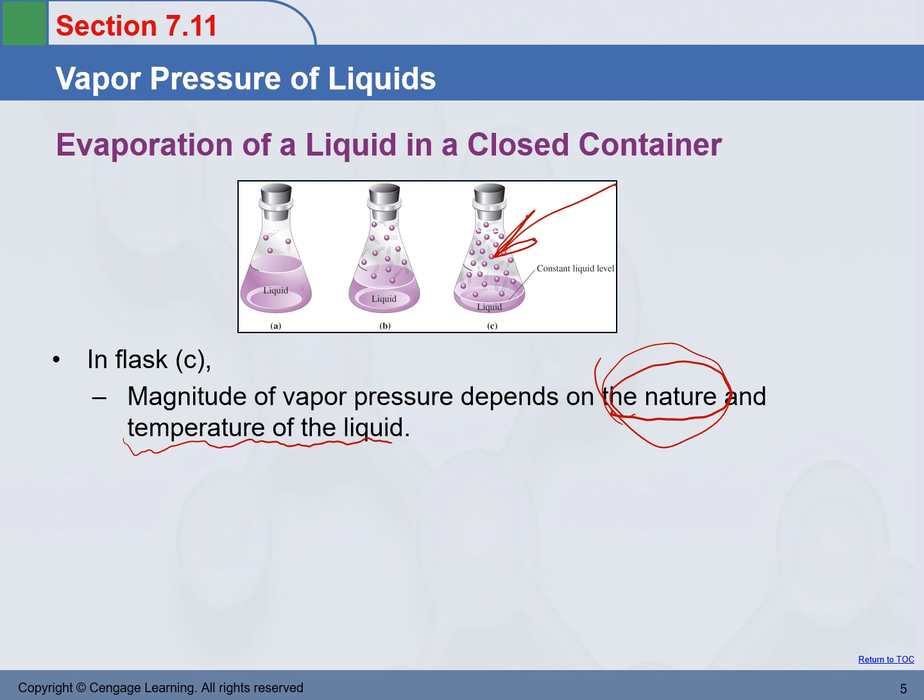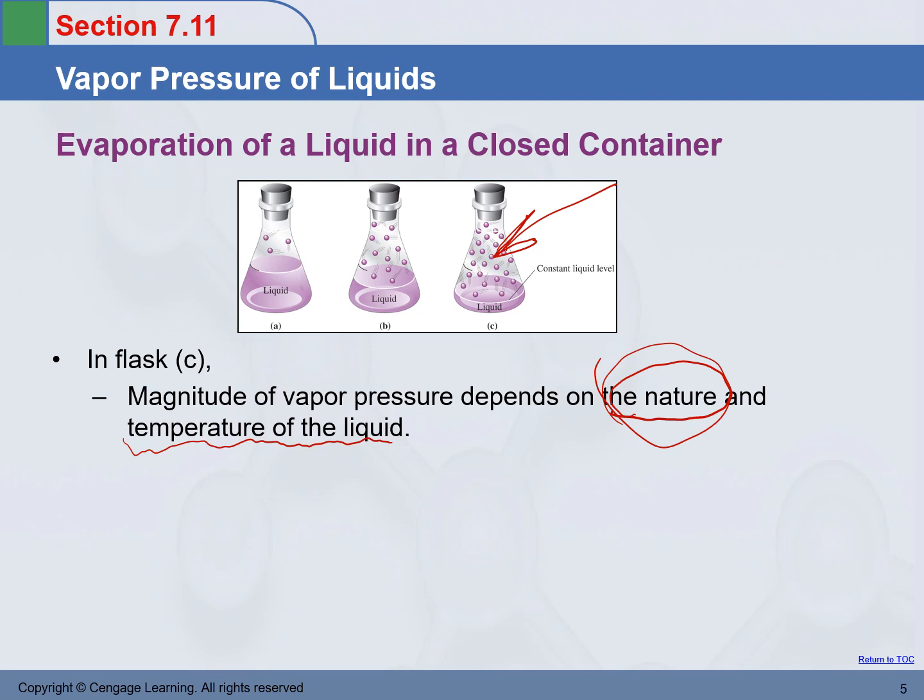But why gasoline? What kind of molecules will have a higher vapor pressure? Okay, remember in the last episode when we talked about evaporation, we concluded that for molecules to evaporate, they need to gain enough kinetic energy to overcome the attractive force among the liquid molecules. Do you remember that? All right.